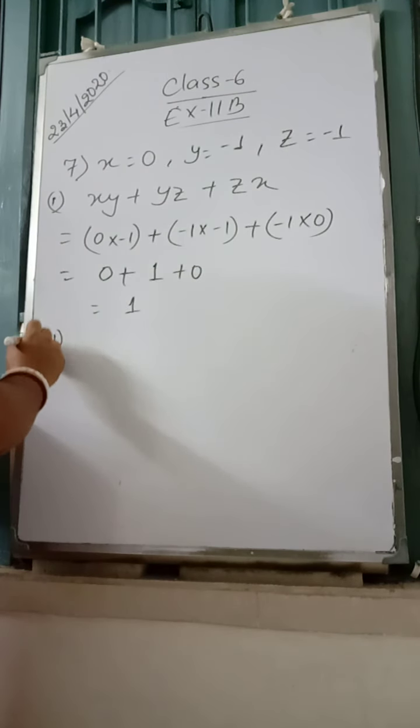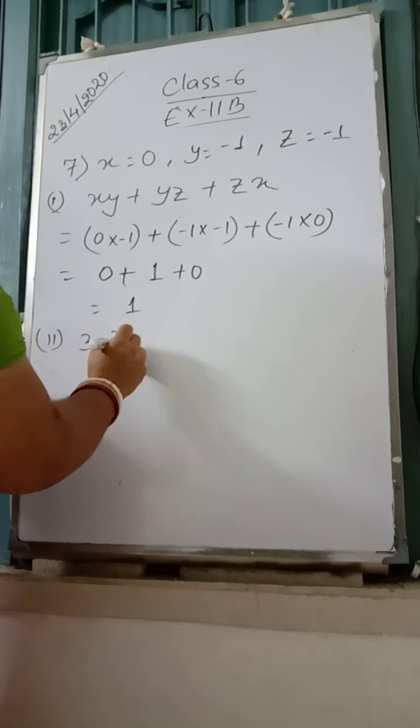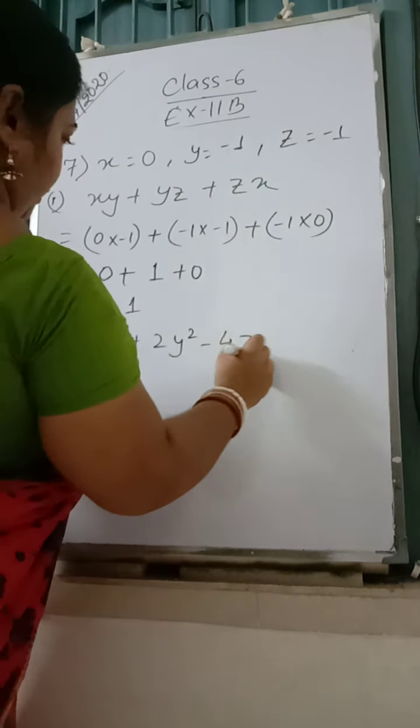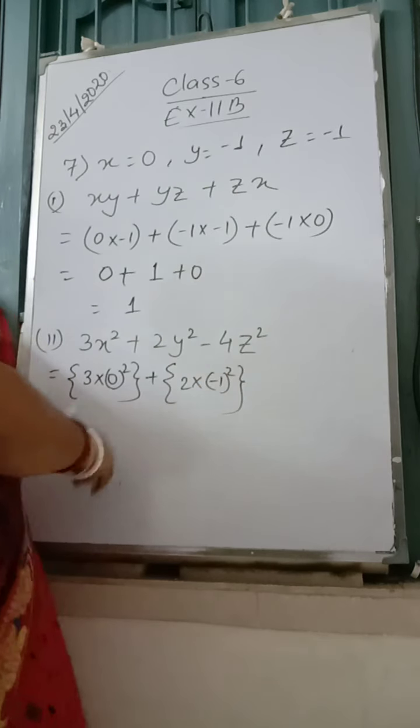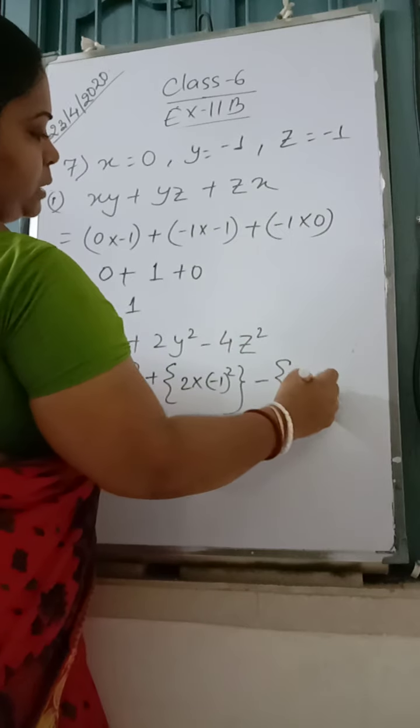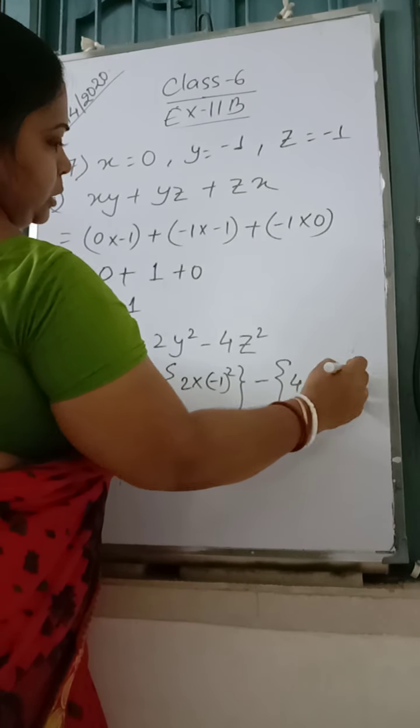Look at number 2. It has given 3x square plus 2y square minus 4z square. Now see dear, what I am doing? I am using two brackets. 3 into x value was 0 whole square. I have written. Clear? Plus 2 into y's value was -1 whole square. Done. Minus 4, z's value was -1 whole square.